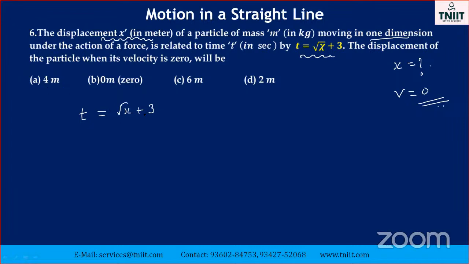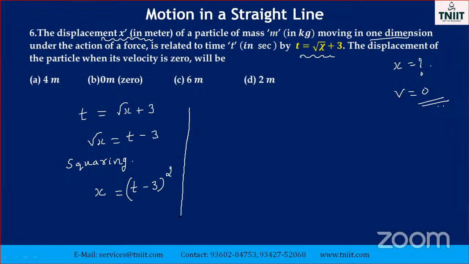So t equals root x plus 3. What is root x from this? t minus 3. Now squaring on both sides, the square of root x is x, which is equal to t minus 3 whole square. Now by the definition, the velocity is given by dx by dt.